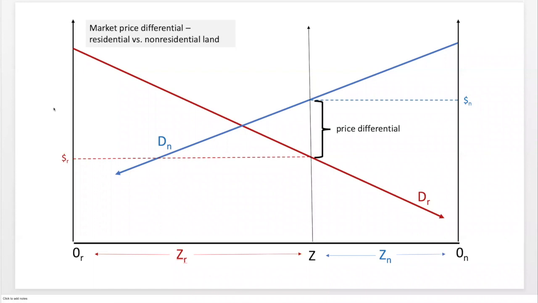So for example, if the market price for residential land is given by $R here, then the quantity demanded, so the market demand tells us how much is demanded, will be this allocation Z. Likewise, if the price is $N as depicted here, the market demand for non-residential land will also coincide at Z.